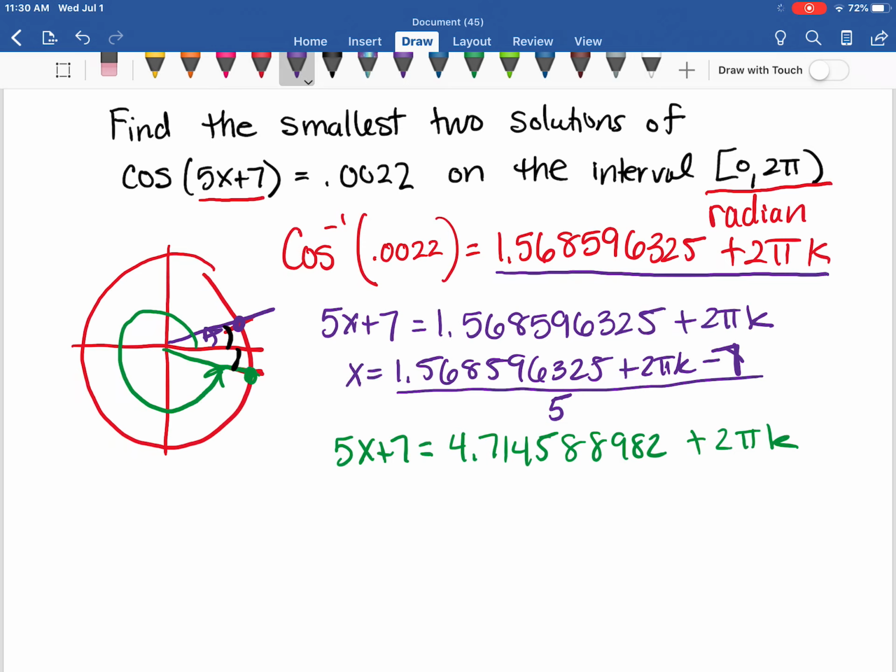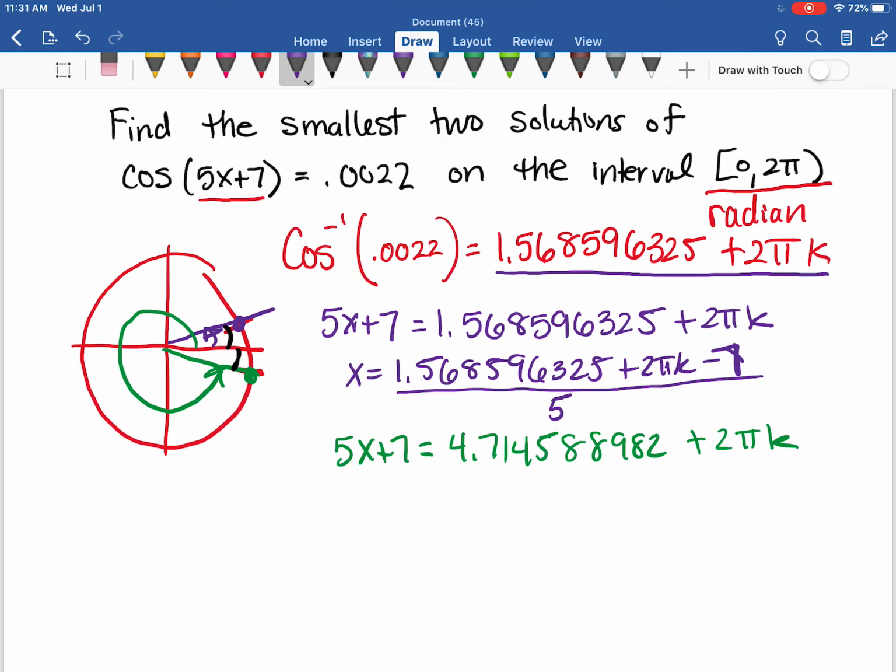Now, when I plug in 0 for k, I'm going to get a negative number, and that's not on the interval of 0 to 2 pi. Although it would be a solution, it's not one of the solutions that the question is asking you to find. So instead of 0, I'm going to try plugging in 1 for k.